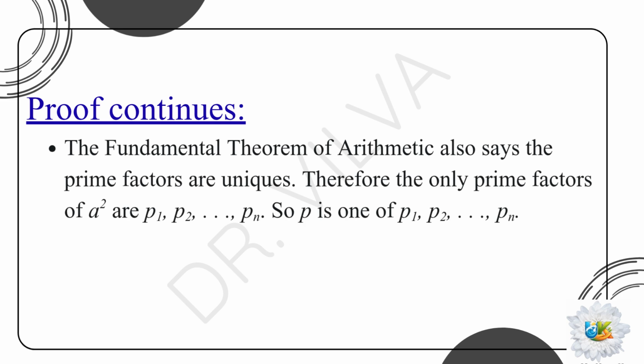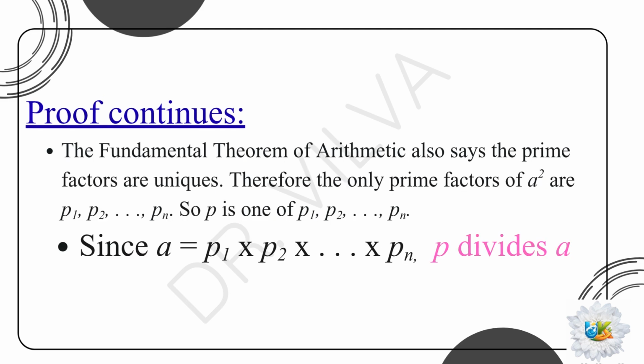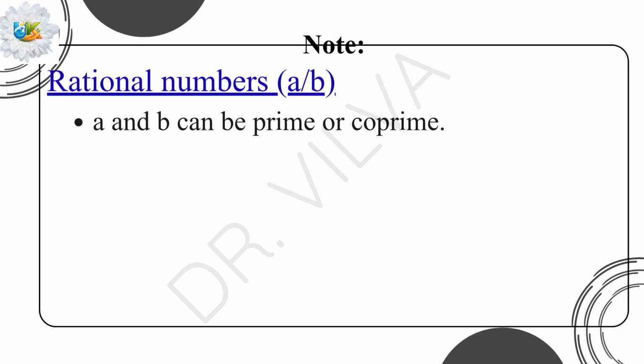Therefore, the only prime factors of a square are p1, p2, etc., pn. From this, we can conclude that p must be one of the primes in the set p1, p2, etc., pn. Since a is p1 times p2 times etc. pn, it follows that p divides a.